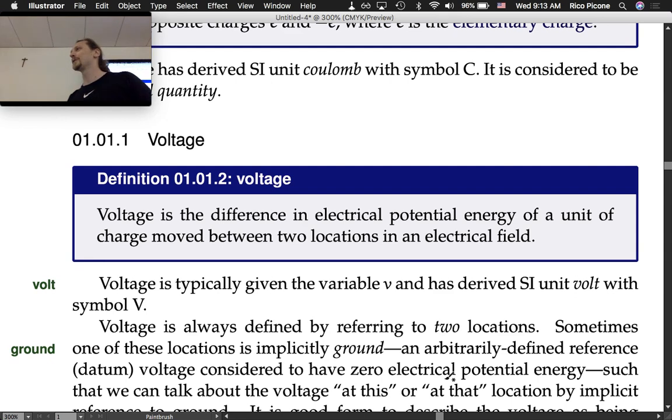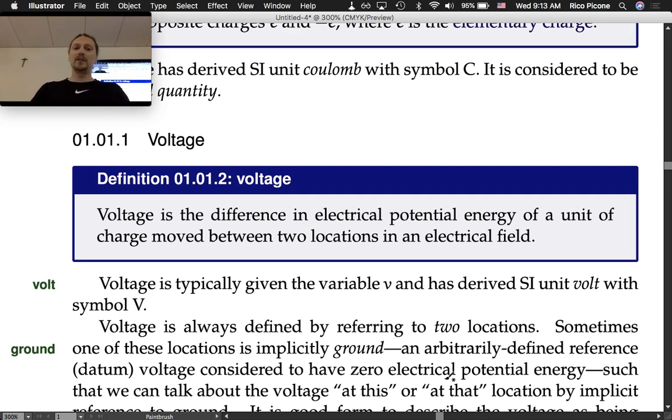You have some sort of potential energy that is ready to be delivered to some system, which is why we often will think of our sources in electronics as being voltage sources. They're not always voltage sources, but we'll talk more about sources later.